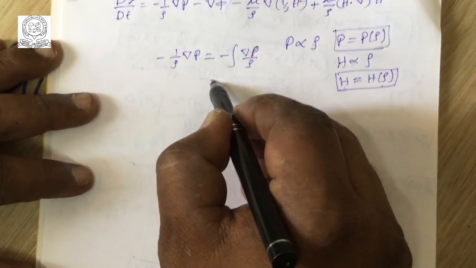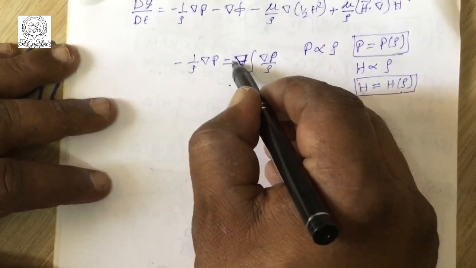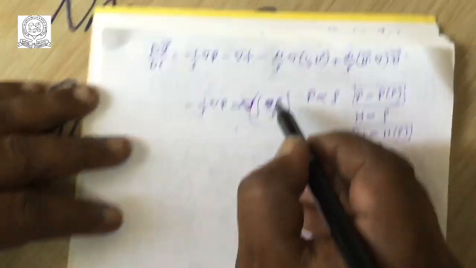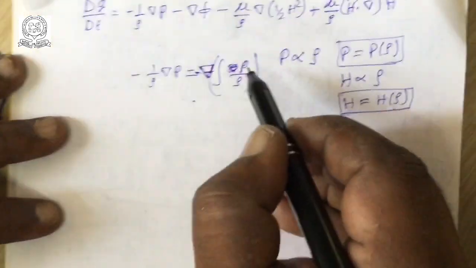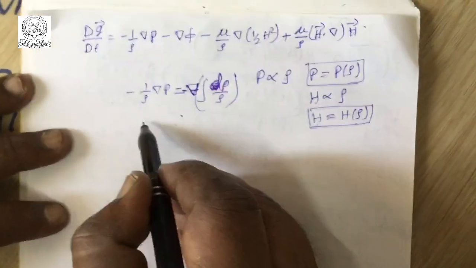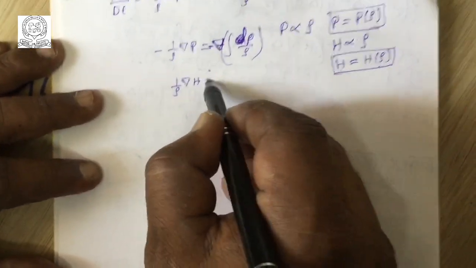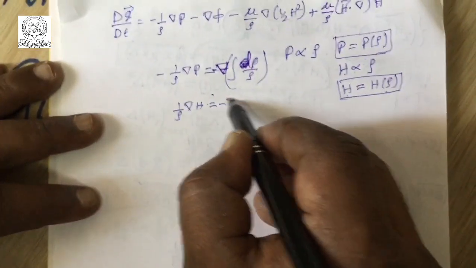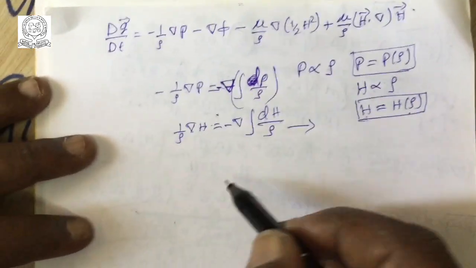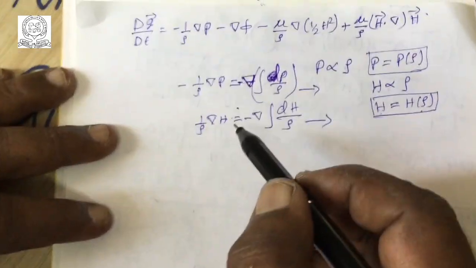In a similar manner, you can express 1 by rho into gradient of h as minus gradient of integral of dh by rho. This is due to the frozen-in flow condition and this is due to the barotropic condition.